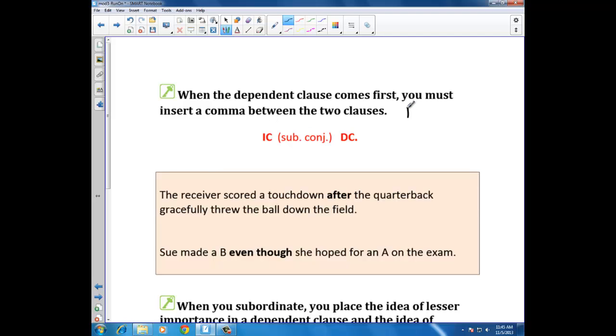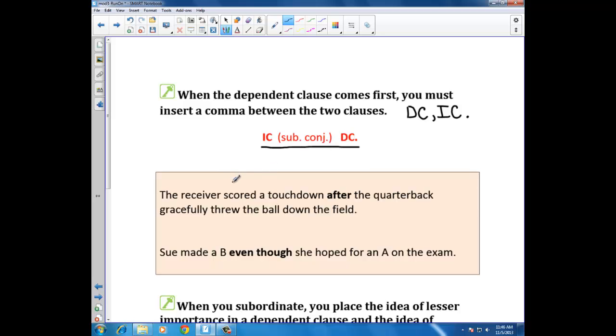So that pattern is dependent clause, comma, independent clause. That is different from when the independent clause comes first, followed by the subordinating conjunction in the dependent clause. There is no comma. Dependent clause first, comma. Independent clause first, no comma, when it's followed by a dependent clause.